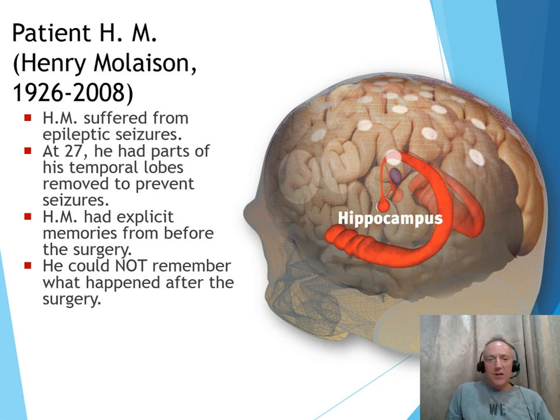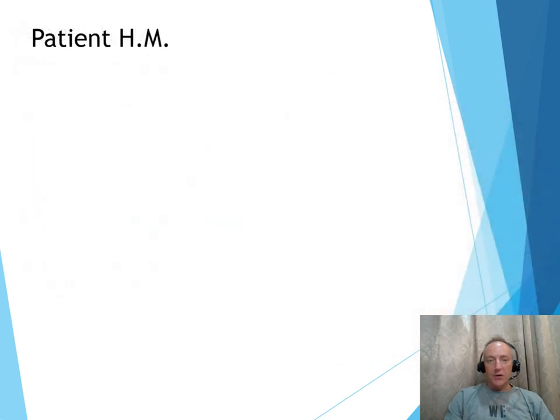And he lived a rather long life. Now, every explicit memory that he had made prior to age 27, he retained. But from the moment of the damage to his hippocampus, because of the surgery on, he could not make any new explicit memories.